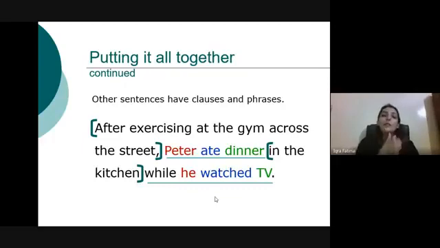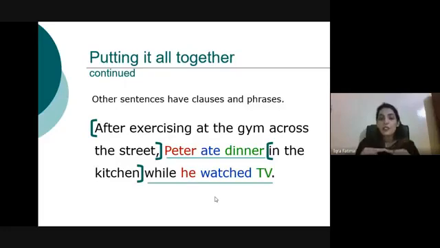So the components of the sentence could be subject verb object, subject verb complement, subject verb adverbial. Or we can write different complex sentences as well. We can write two clauses in the sentence. We can write two clauses and one phrase. We can write two phrases and two clauses in the sentence. But the basic component should be there so that we can call it a sentence.